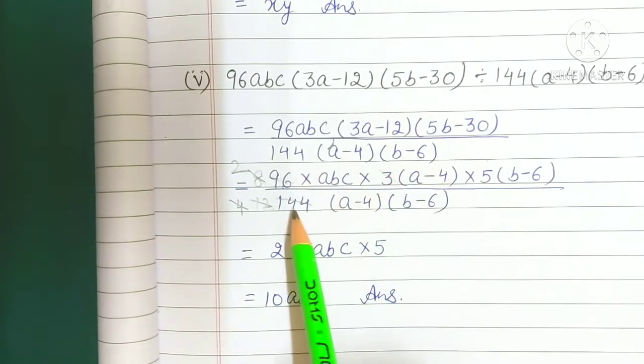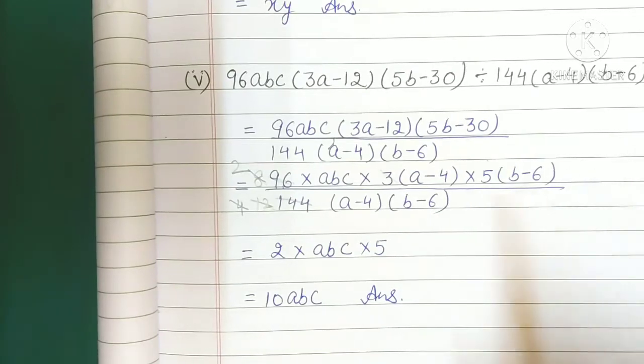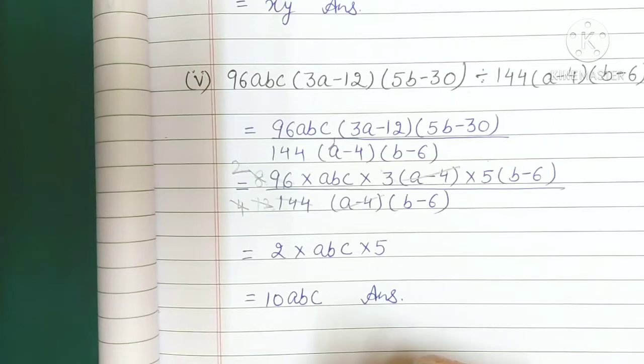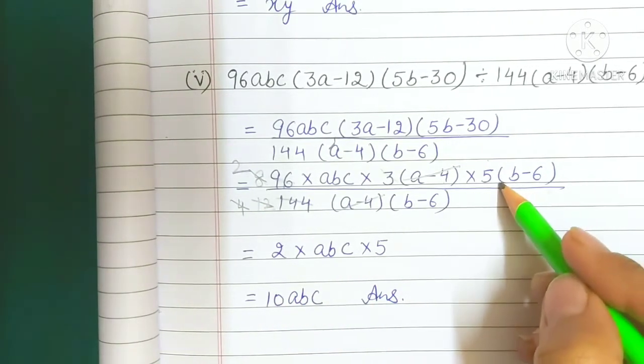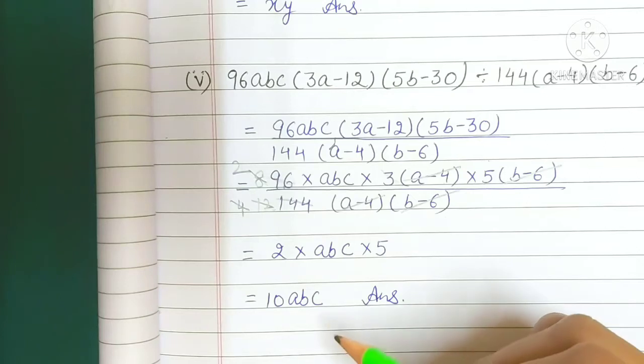And in the denominator we have 144 (A minus 4)(B minus 6). So we can see A minus 4 and A minus 4 - this factor is in numerator and denominator both, so we can cancel it. B minus 6, we can cancel it as this factor is in numerator and denominator both.